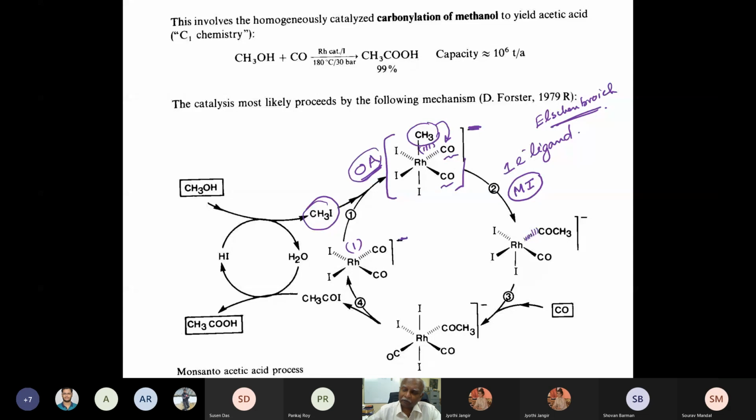First we had an oxidative addition step. Now, of course, the book writes addition of carbon monoxide to form an 18 electron complex. Now this will be a 16 electron species. Remember, in the migratory insertion, there is no change in the oxidation state.